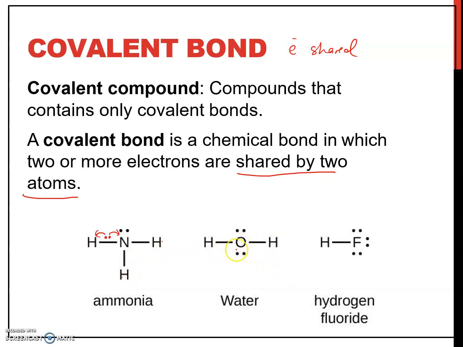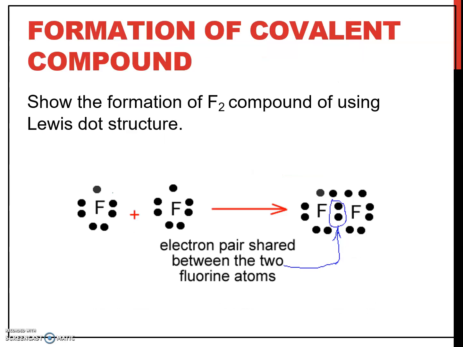This one is an example for water, electron shared here, and hydrogen fluoride. Now the formation of covalent bond to form fluorine compound. That means there are two atom fluorine.